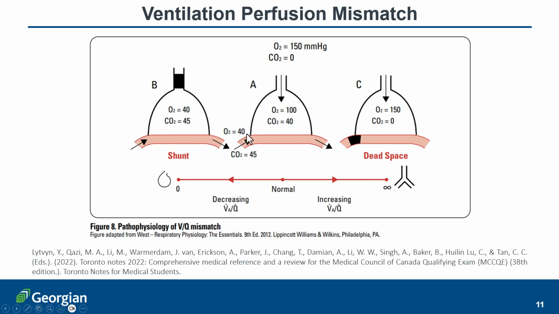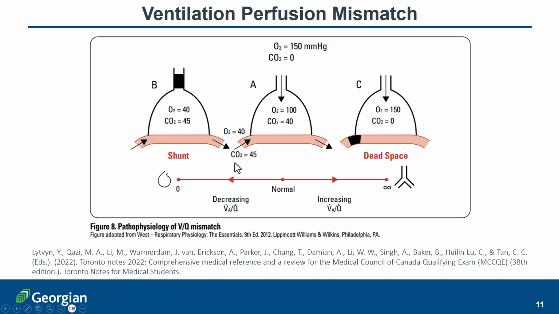Remember, everything flows down their concentration gradient, and we measure the concentration gradient of gases by measuring their PO2. So it's high in the alveoli for oxygen compared to the pulmonary arteries. So oxygen diffuses from the alveoli into the pulmonary capillaries.